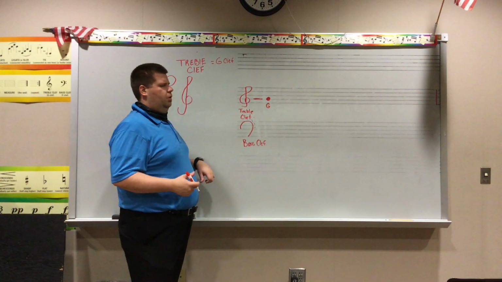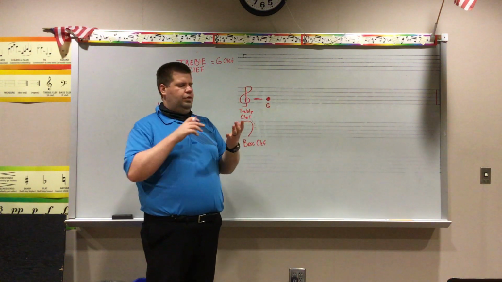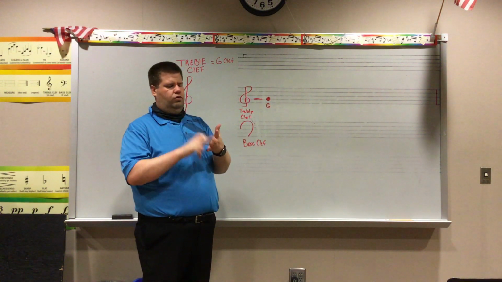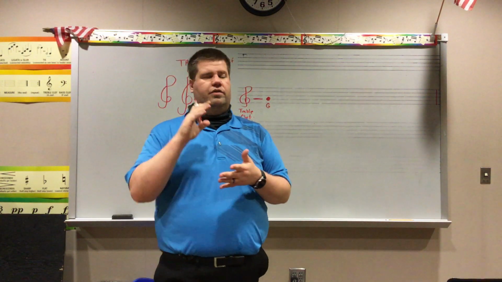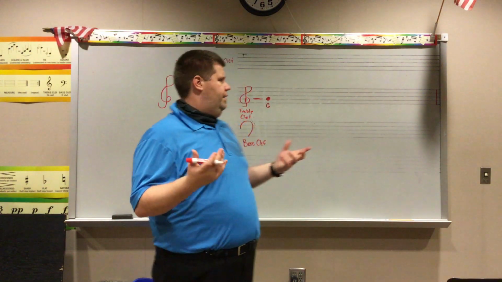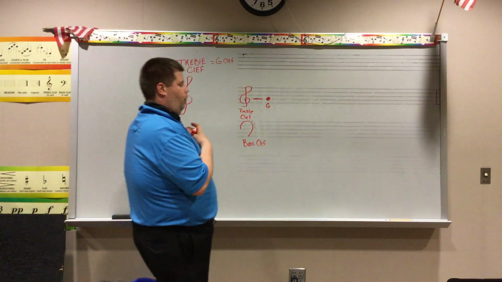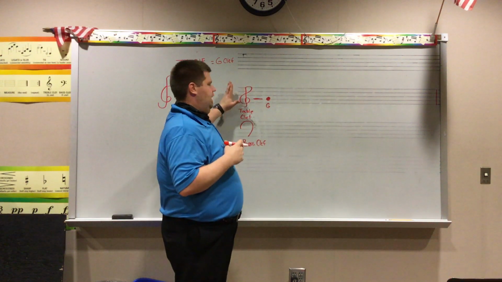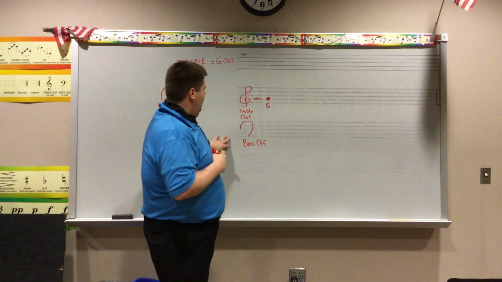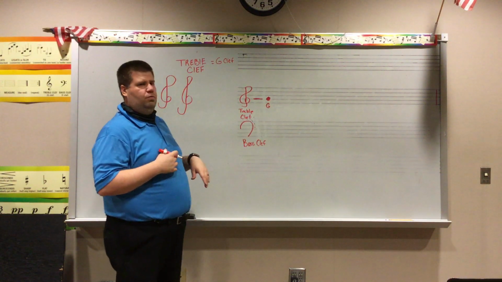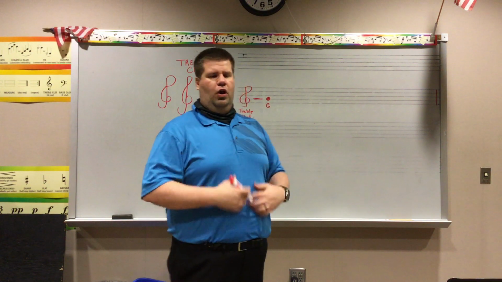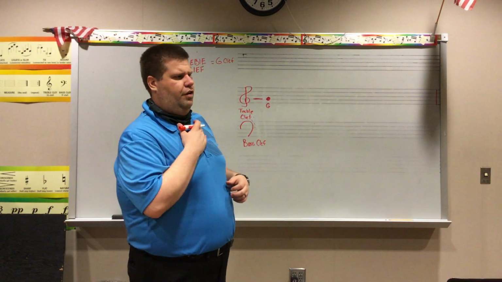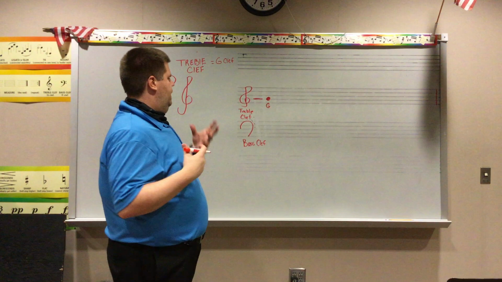We use the treble clef more or less for trumpets, saxophones, French horns, the right part of the piano, the right part of the xylophone, things like that. Usually our voices, as we are right now, we usually sing in treble clef. The bass clef, on the other hand, is more for baritones and trombones and tubas. And then for our lower voices, for those of us that may have lower voices, we sing in the bass clef.